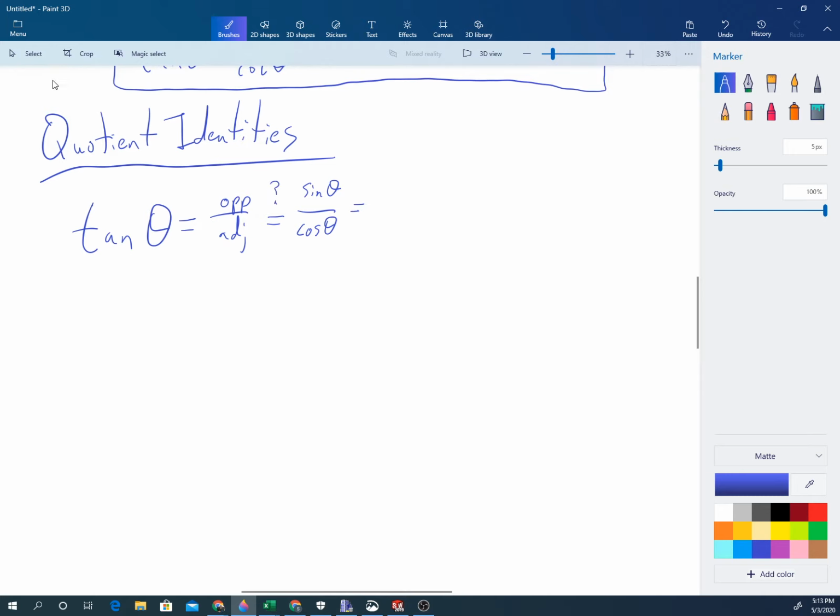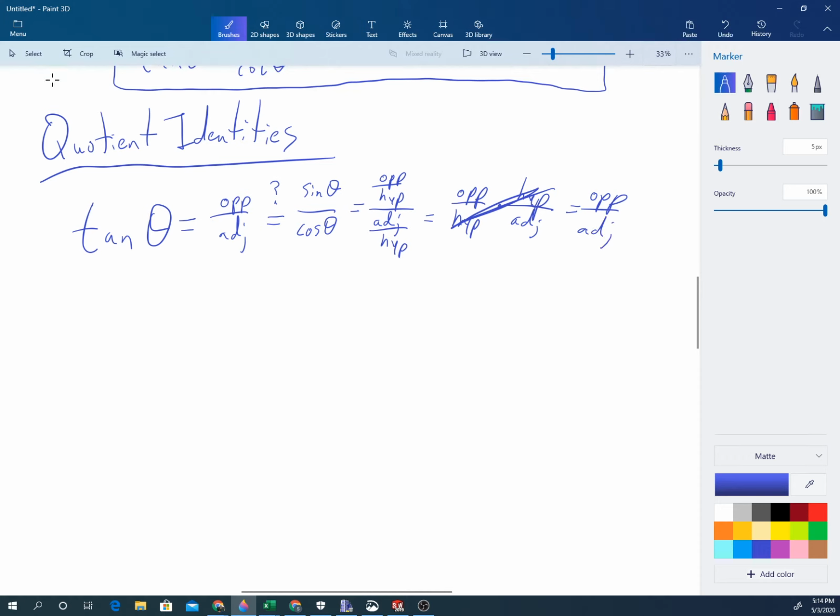Right now I'm not sure if it's true, but I know that my sine is my opposite over my hypotenuse. My cosine is my adjacent over my hypotenuse. And if I use my rules of fractions, and you got to think about my little sister as you do it, then my hypotenuses cancel and I'm left with opposite over adjacent.